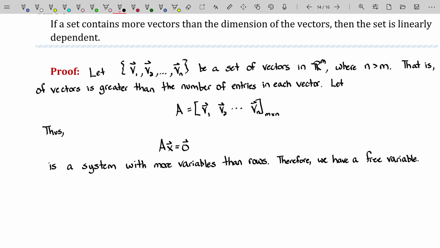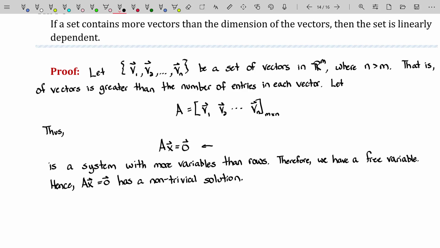Now remember, that homogeneous equation has at least one solution, 0. So it's consistent. But we have a free variable, so now that we have a free variable, we know there are an infinite number of solutions, which tells us there's a non-trivial solution to the homogeneous equation.